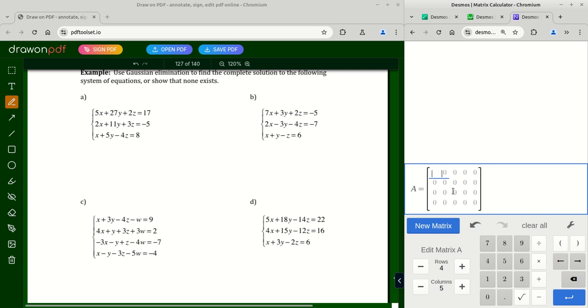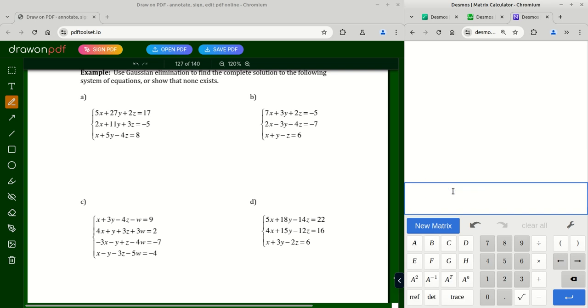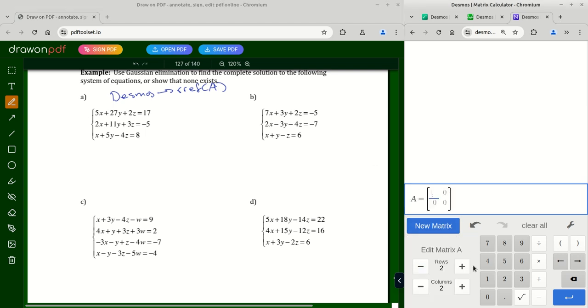Desmos. Every single time, Desmos. If you want to remind yourself, say, look, I'm using Desmos and I'm going to do the RREF of A. That's great. This is a 3x4 size, which is very typical. Here we go.